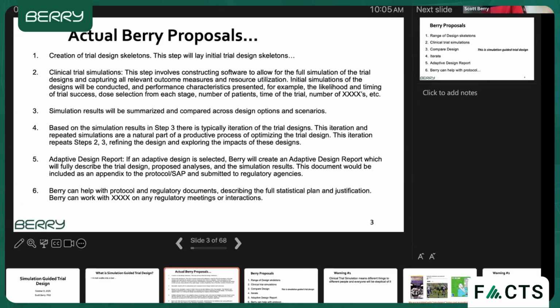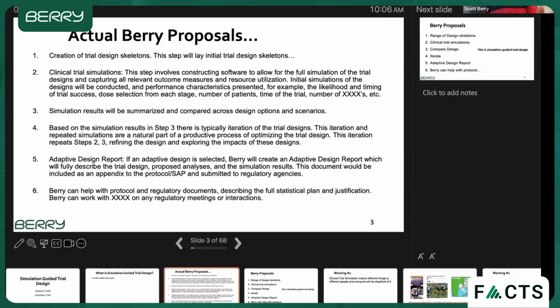And our proposal, as we lay out what we are going to do, is a process that is at the heart of probably 60-70% of the proposals we provide for trial design. Let's take some candidate designs, some of them fixed trials, some of them looking at adaptations, and we're going to simulate them.